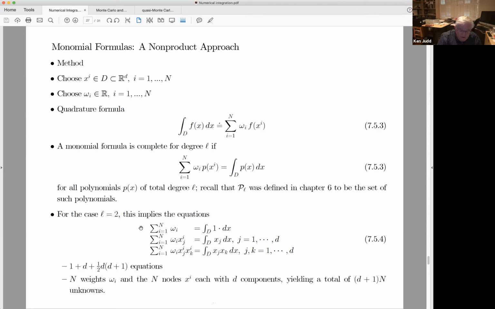If you are integrating 1 over some domain and you have n points, then the integral is going to be a summation of the omega i's, the weights.